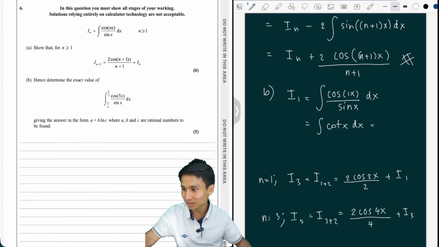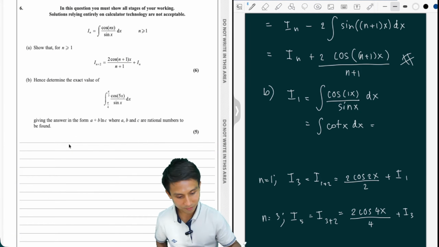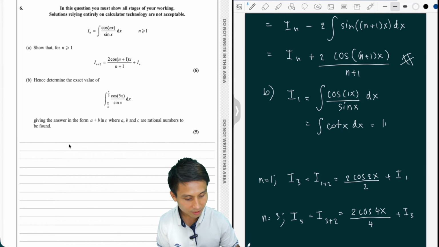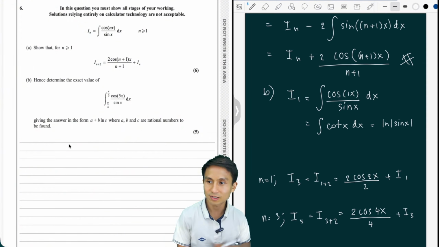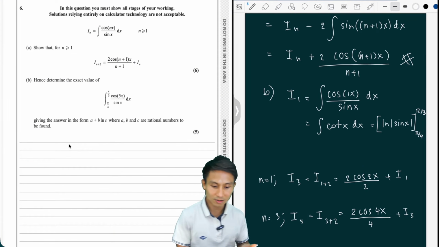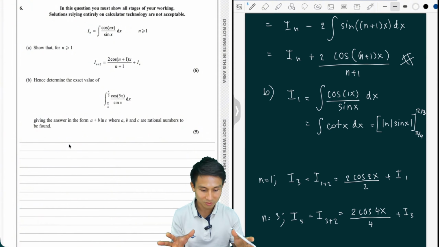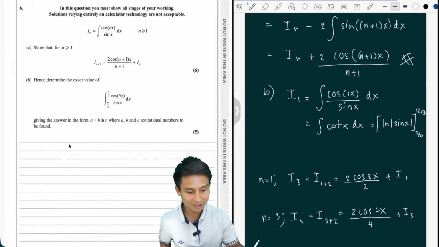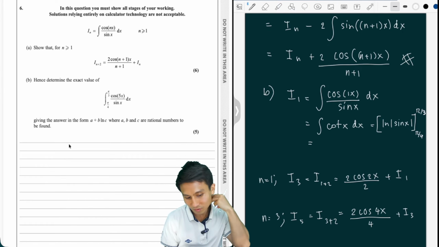Right, so let's get back. That's going to be ln sine x because we don't have any k in there, so that's fine. And then you're going to sub in the bounds pi over 4 to pi over 3. Let's find that already, because it's going to be separate to the I3 we need to find later. This is going to be ln of sine pi over 3.